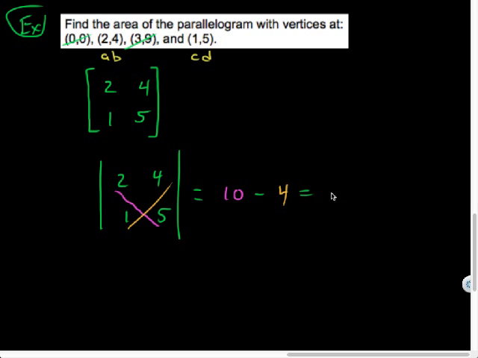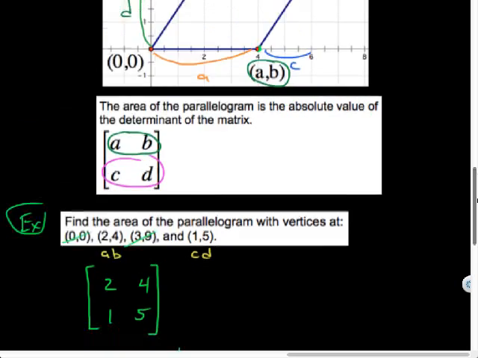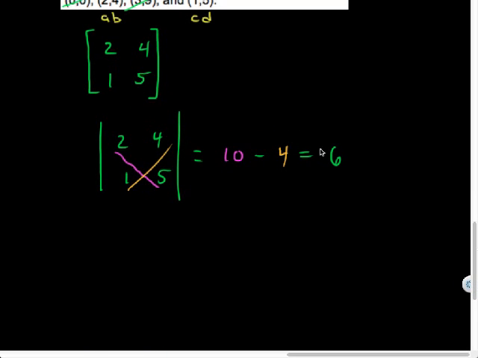And I get 6. Which, this says I have to take the absolute value of it, right? Recall that? Absolute value. But 6 is already positive, so I'm good. So this is 6 units squared, would be the area of that parallelogram.